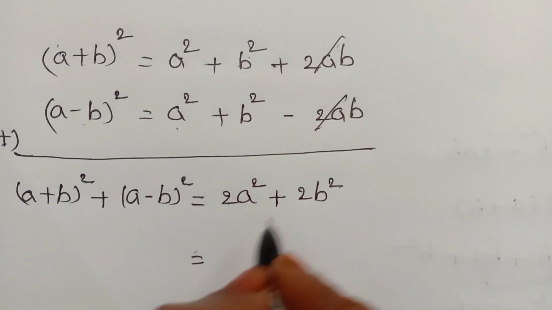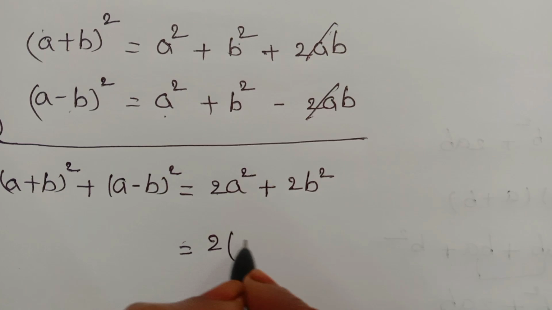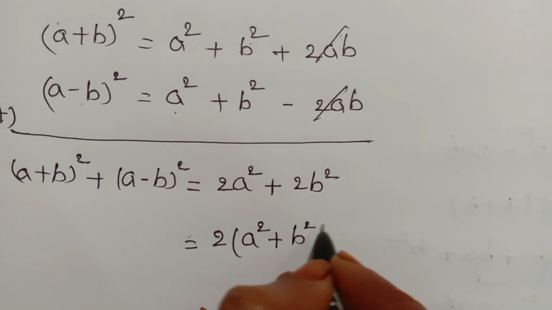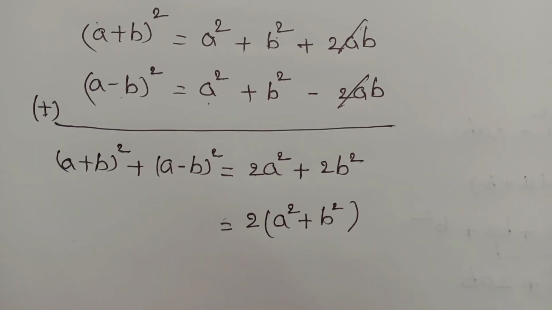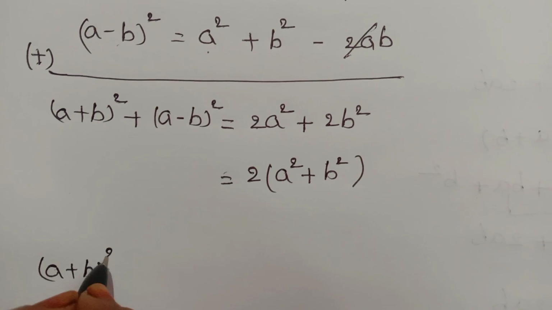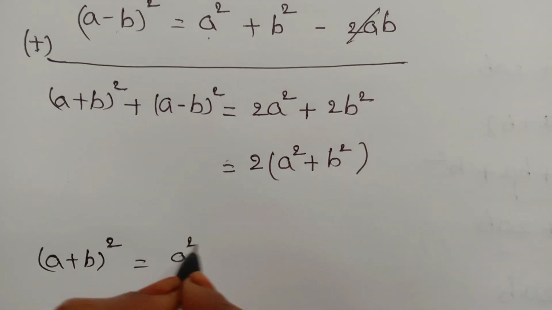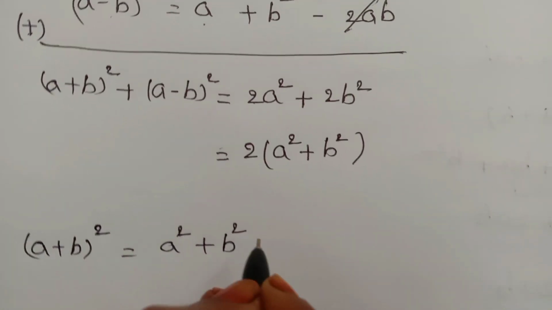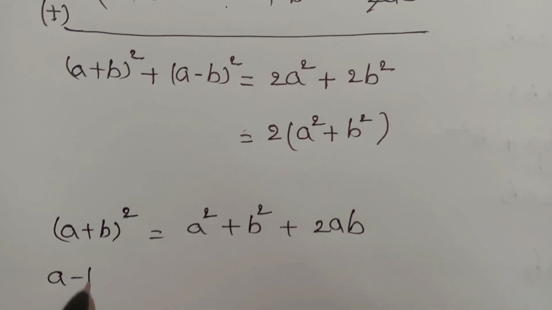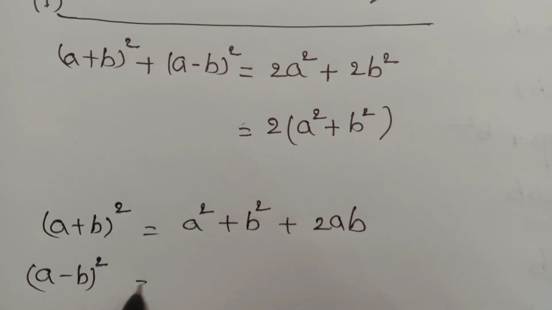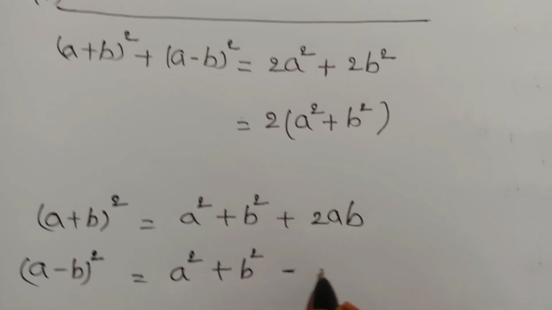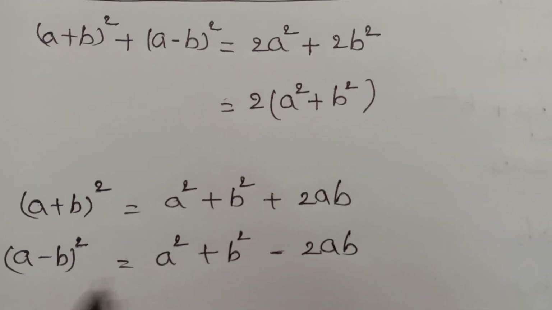Here 2 is common: 2 times (a square plus b square). Now subtract these two formulas. (a + b) whole square is equal to a square plus b square plus 2ab. (a - b) whole square is equal to a square plus b square minus 2ab.